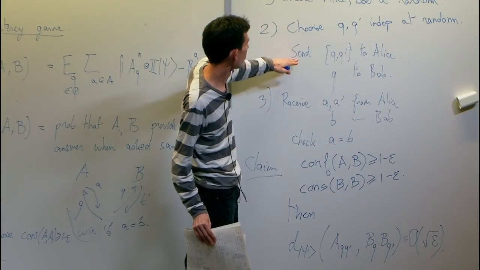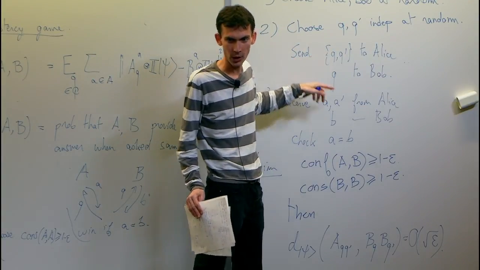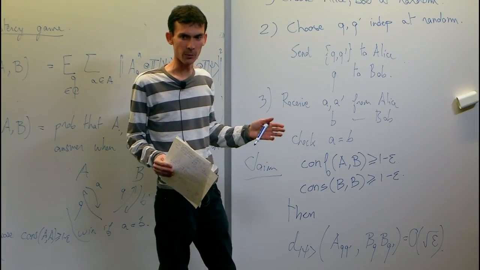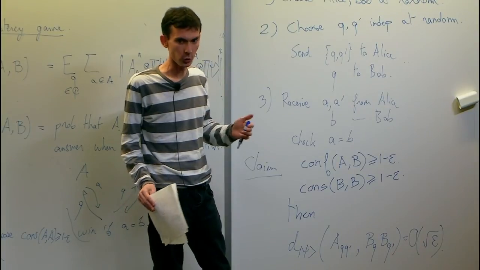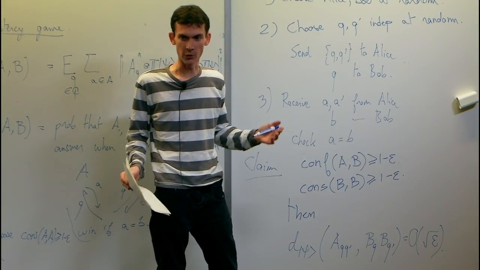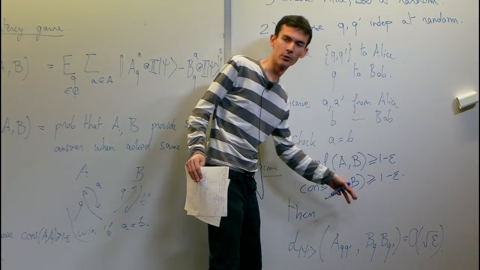When I wrote this here, I thought of the first as being Alice's measurements and the second as Bob's measurements, but both of them can be meaningfully applied on either side of the state, and they're just 2 different sets of questions that correspond to 2 different kinds of questions in the game. And I'm saying that they produce the same results whether you apply this one or this one.